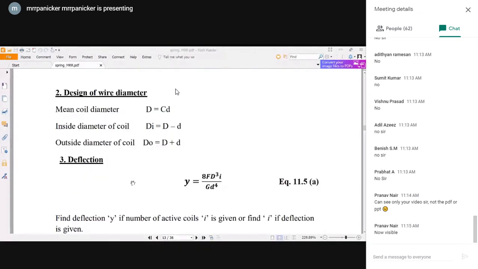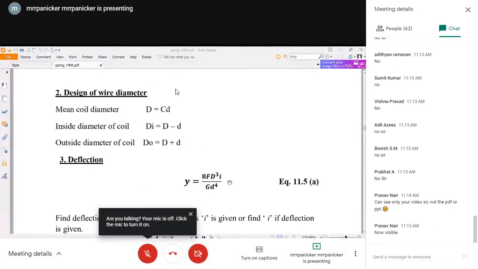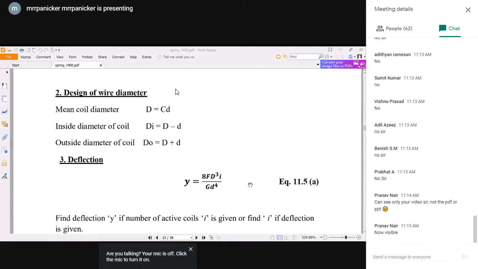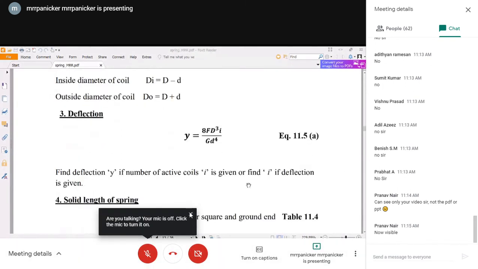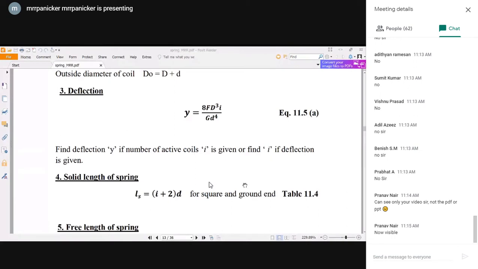Then the deflection equation is also given. Then the solid length of the spring, which has to be expressed like a solid. So this is the equation for the squared and ground length.